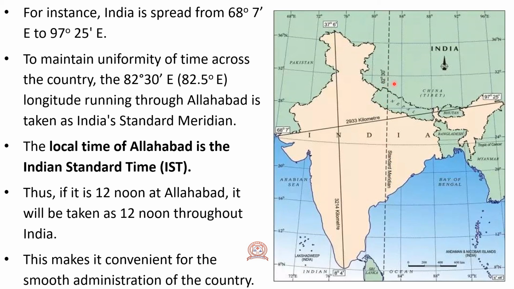The local time of Allahabad is the Indian Standard Time. Thus, if it is 12 noon at Allahabad, it will be taken as 12 noon throughout India. This makes it convenient for the smooth administration of the country.